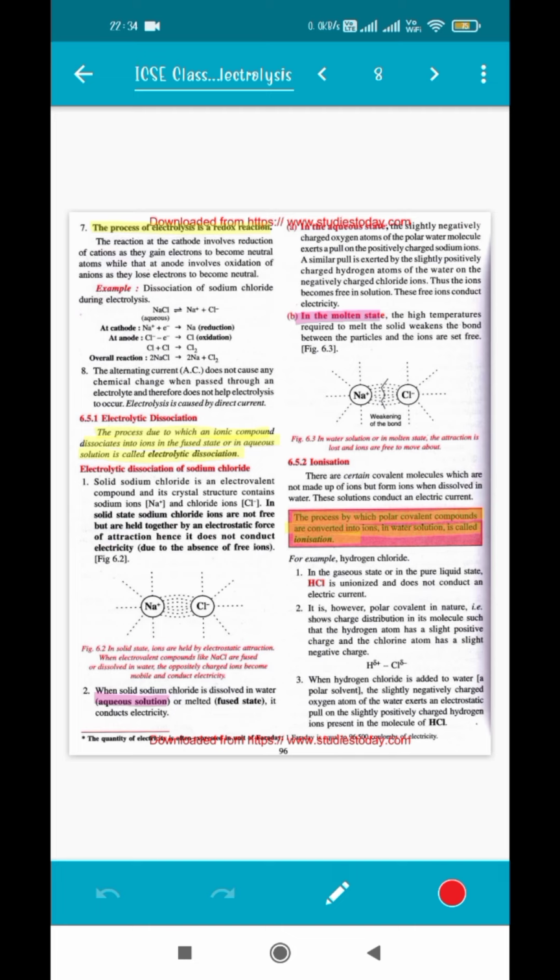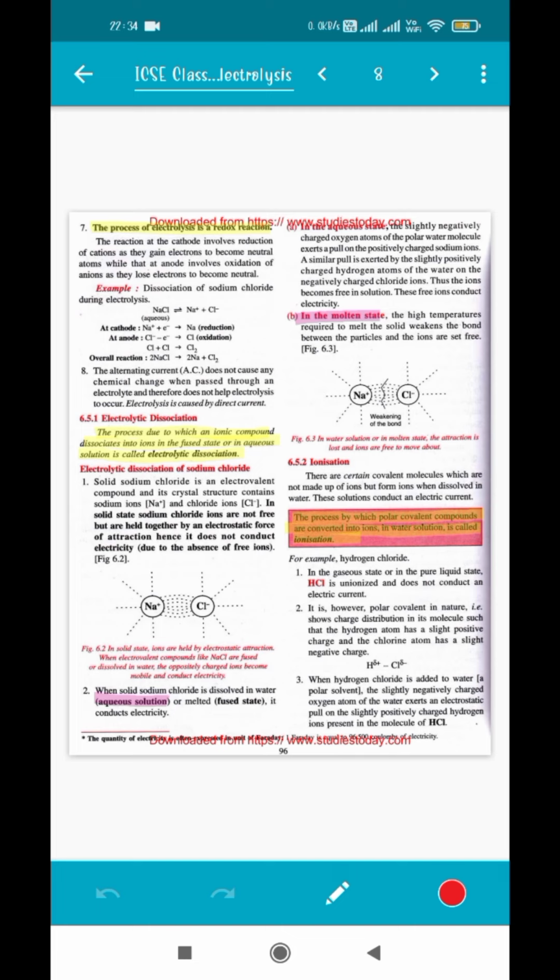So dissociation is actually the separation of ions in case of ionic compounds. Like for example, in NaCl, like I told you in the first video itself, whenever it is dissolved in water or whenever it is melted, it will separate into sodium ions and chloride ions.